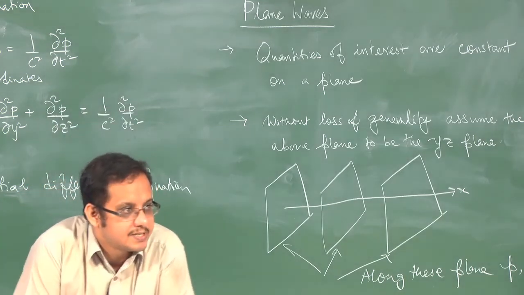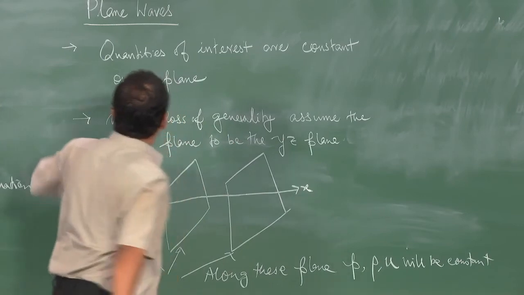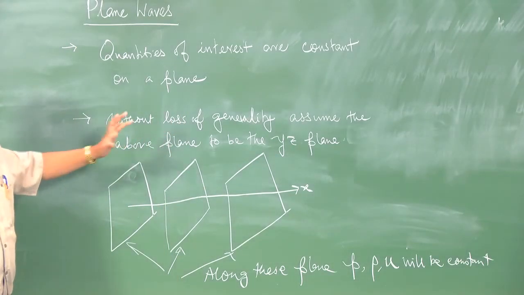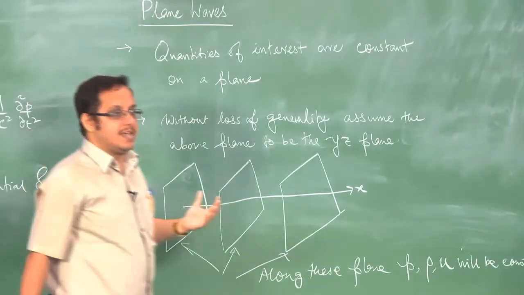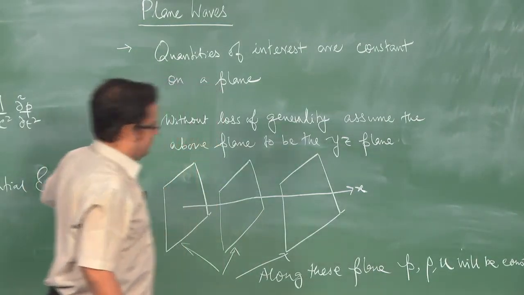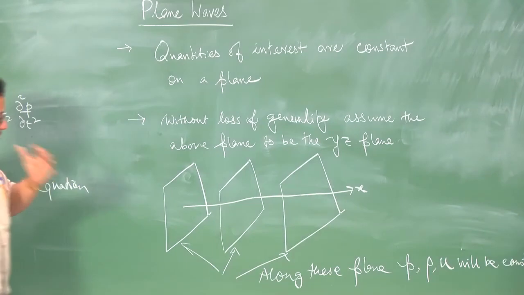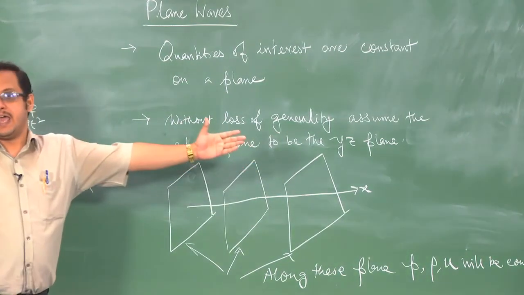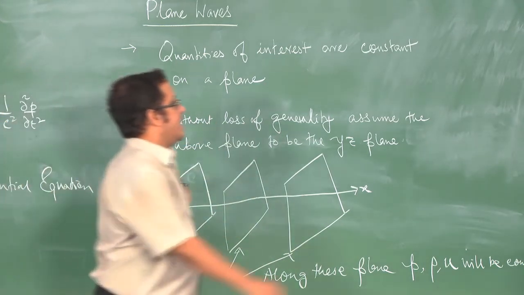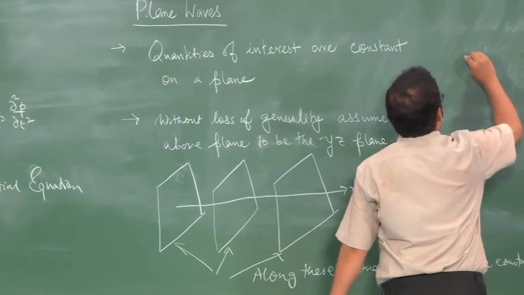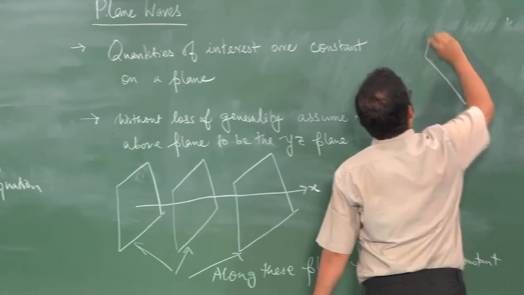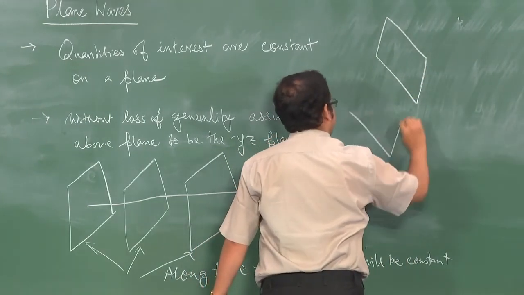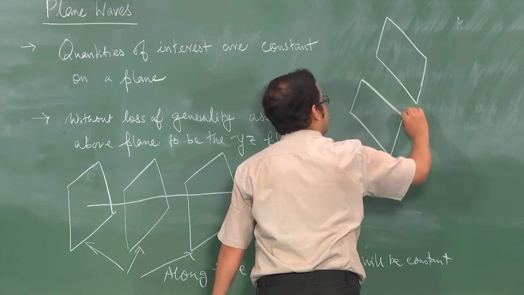And why do I make this statement without loss of generality? Because here I have very conveniently assumed that things are changing only along the x direction. If you say now that the plane waves are going in this fashion, so the planes of interest are somewhat inclined, right.